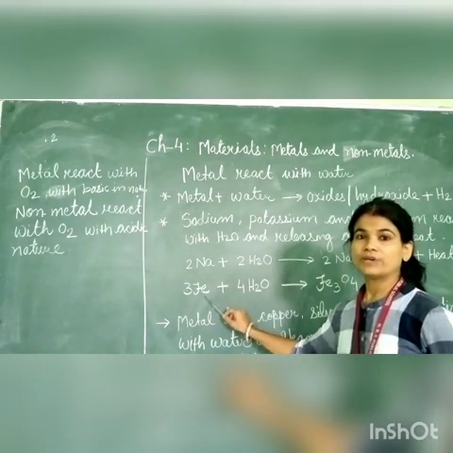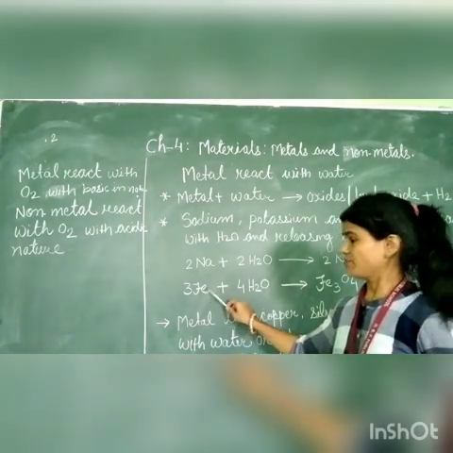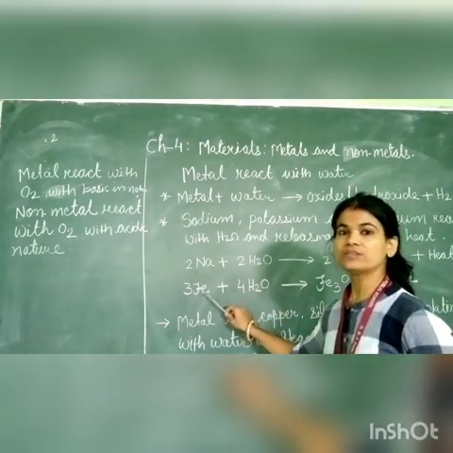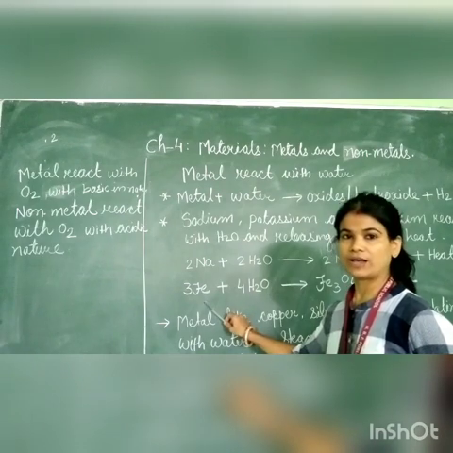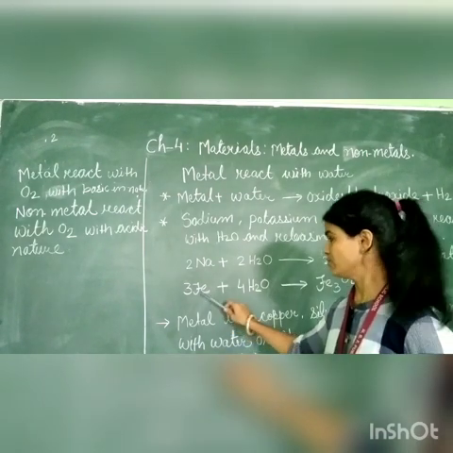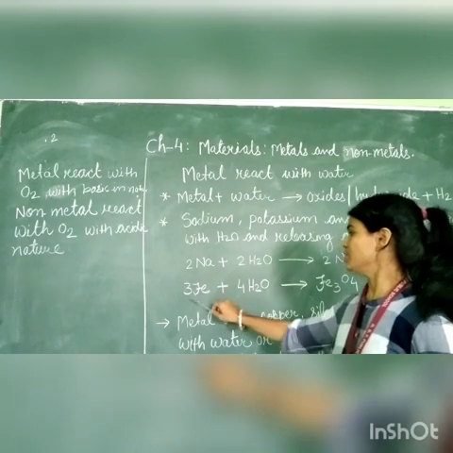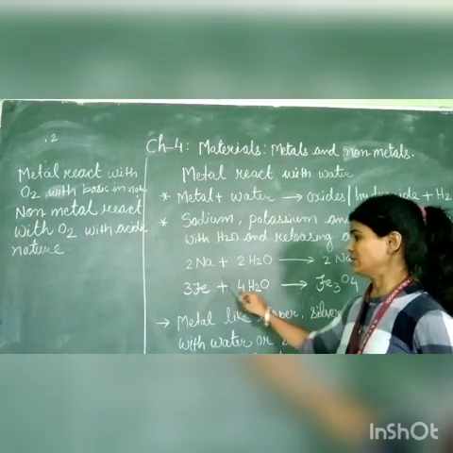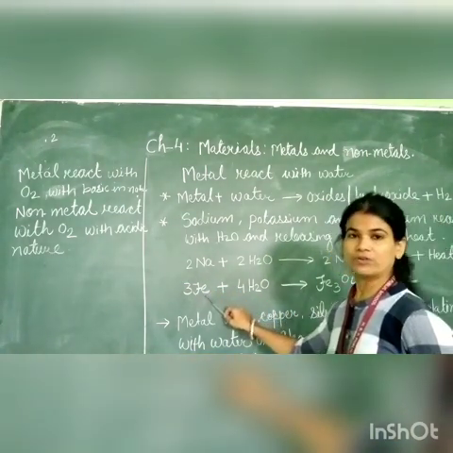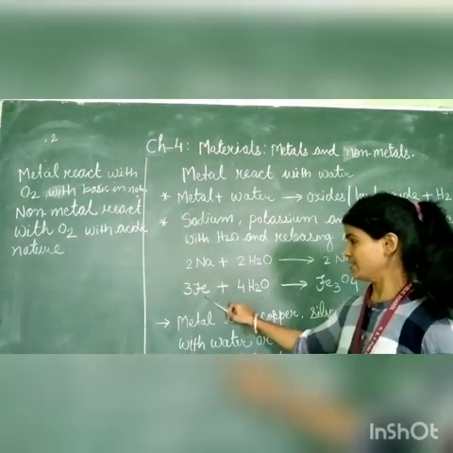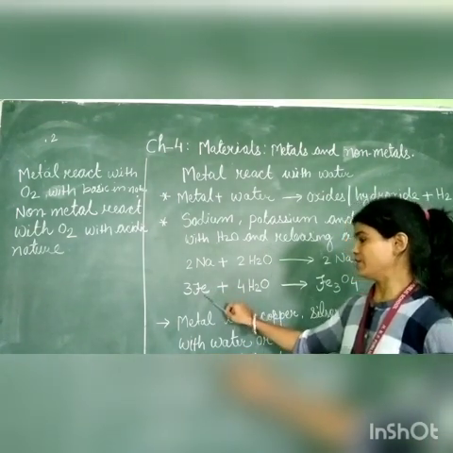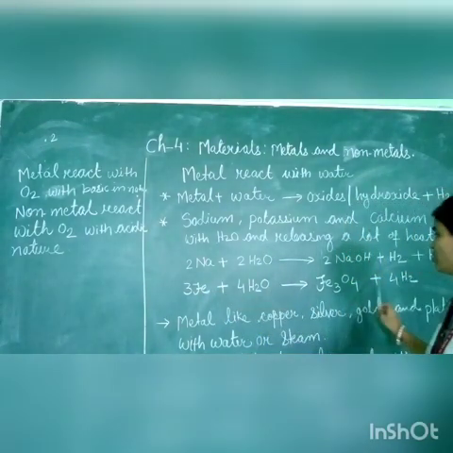3Fe. Why have I written 3Fe? Fe is the symbol of iron. So I have written 3, 4, H2O. It is the quantity of this molecule. If I write only a single Fe, it will not balance the equation.